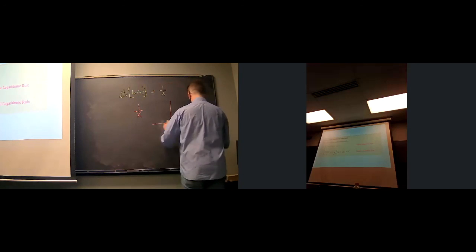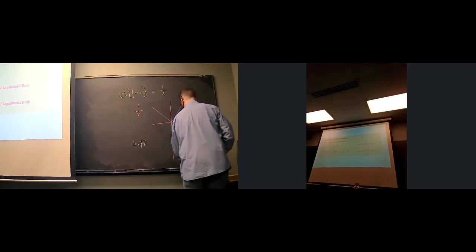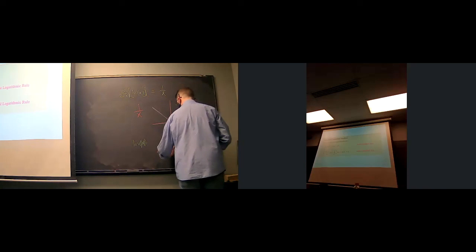And that makes sense just looking at what it represents, right? So the absolute value of x as a graph looks like this. So the ln of the absolute value of x should look like this.